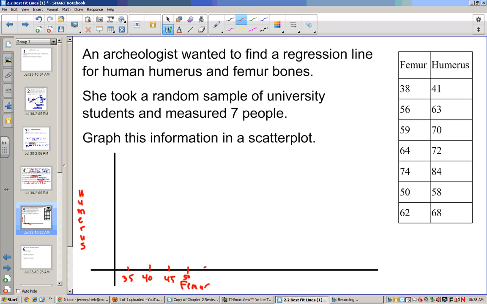Make sure these are evenly spread apart, and we should be pretty good. Now my y-axis starts at about 40 and goes to about 70. We could probably start at 40 and go up by 5s also.